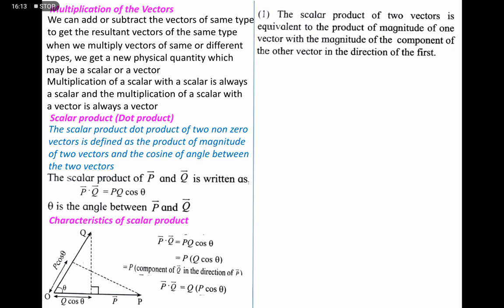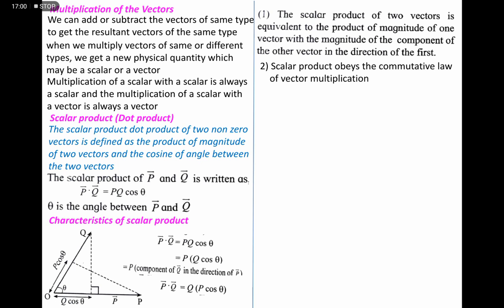Here p bar and q bar are the two vectors, and the dot product is the magnitude of the first vector, that is p, and the component of the other vector, q, in the direction of vector p.